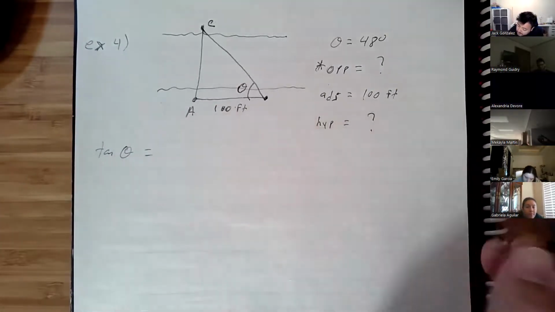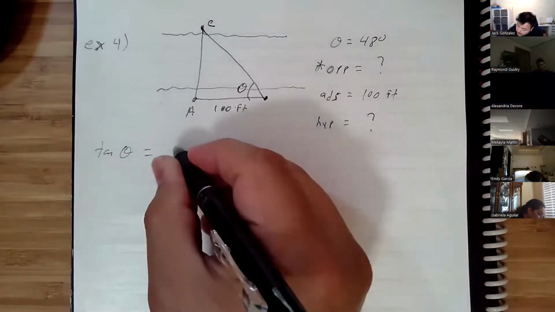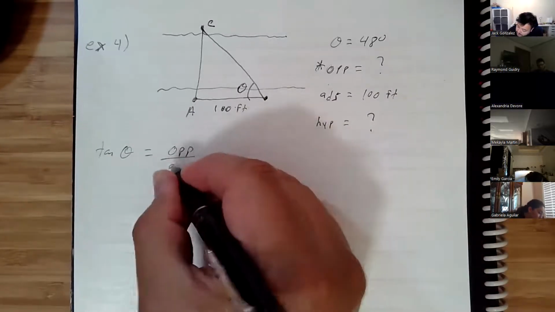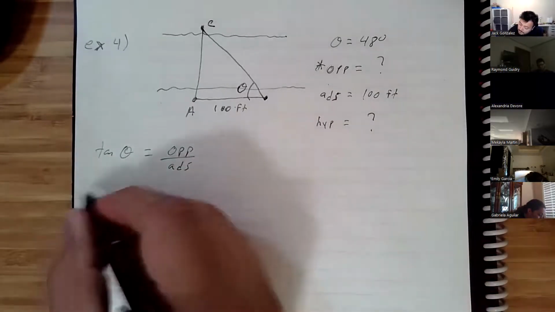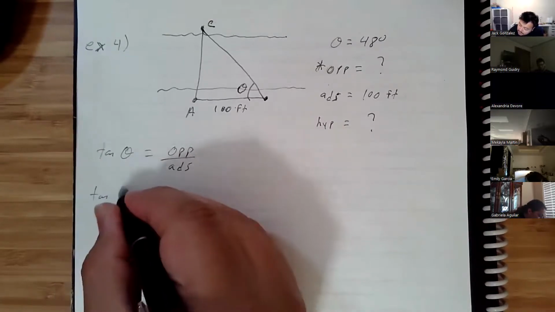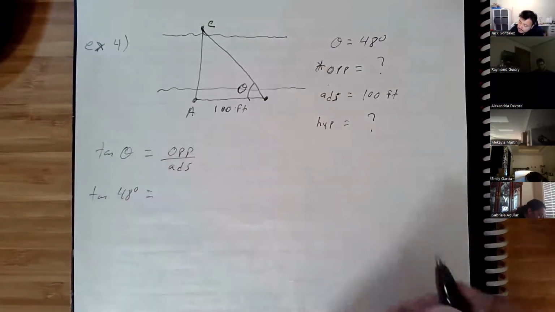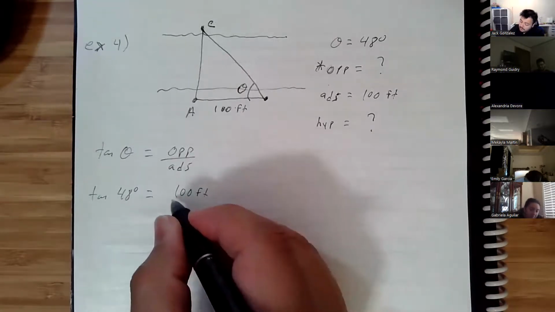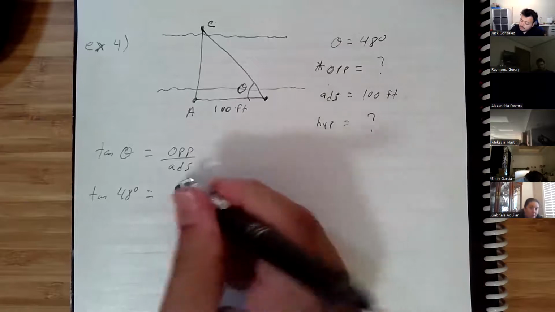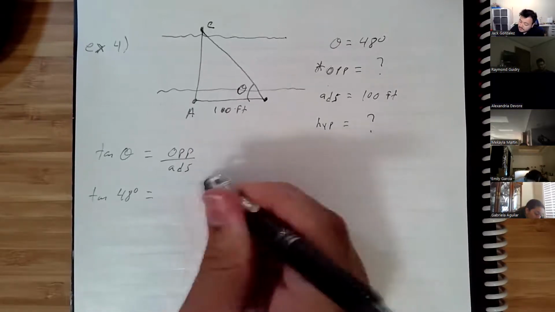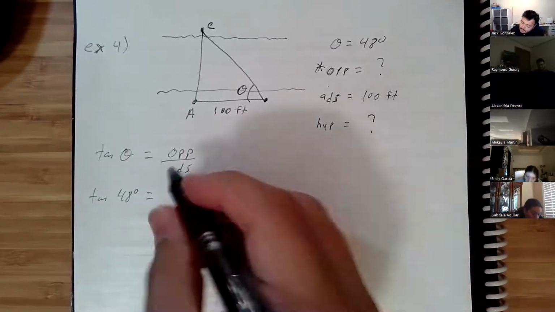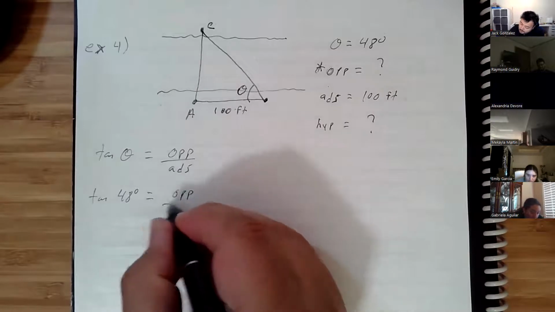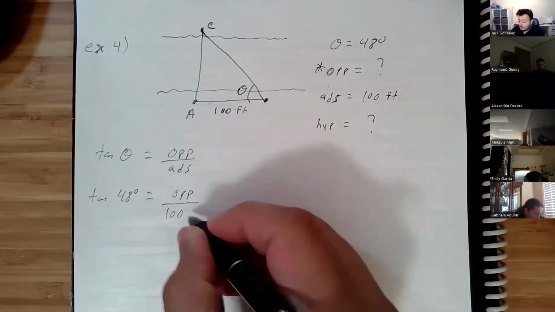Tangent theta is equal to opposite over adjacent, right? TOA. So tangent of 48 is equal to, actually, my bad, opposite over 100 feet.